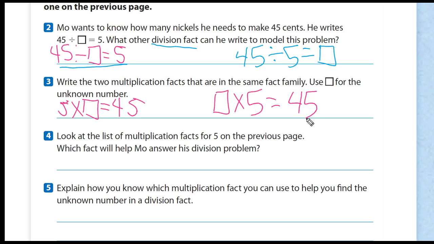It says look at the list of multiplication facts for 5 on the previous page. What fact will help Mo answer his division problem? So on the previous page, that box that has all the facts, which one am I going to use? You're right. I'm going to use 5 times 9 equals 45.